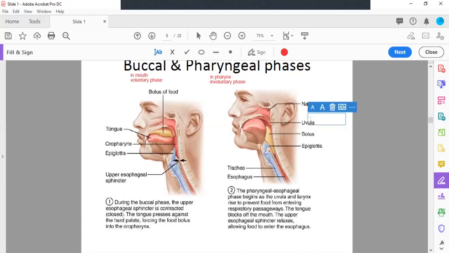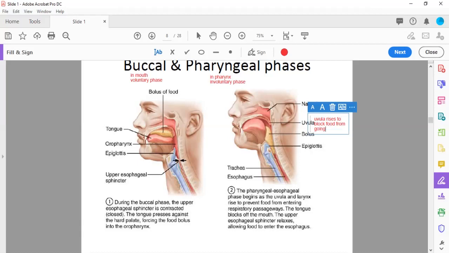So I'll make a note on this. The uvula rises to block food from going up into the nasal cavity.